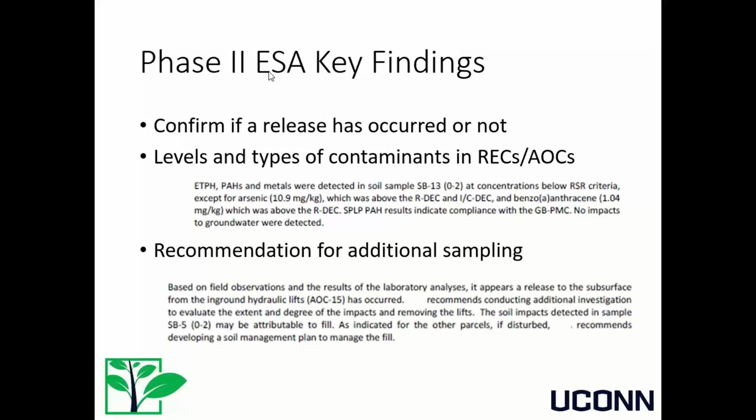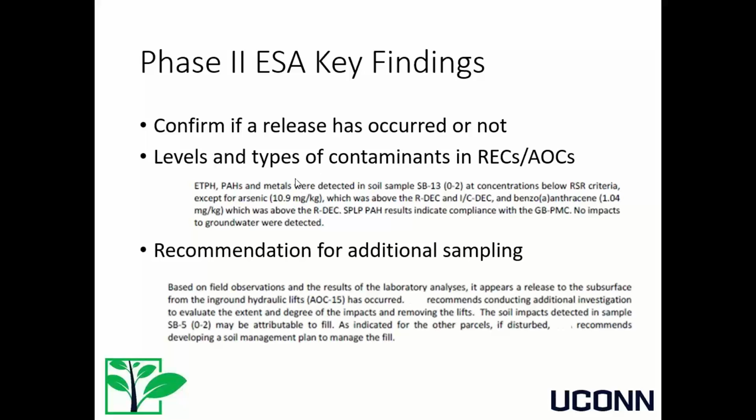In terms of reporting for the Phase 2 site investigation, the main goal is to confirm whether we actually had a contaminant release at those particular areas identified in the Phase 1. So that's the number one goal. And then we have to report the levels and types of contaminants in those areas.